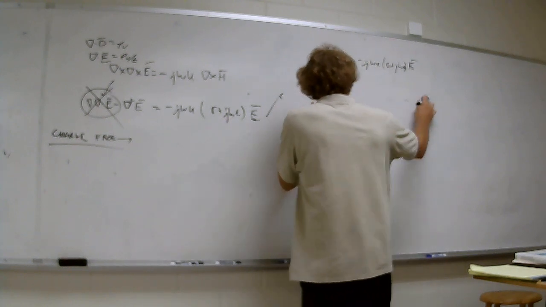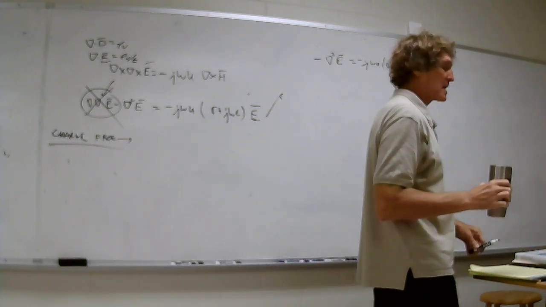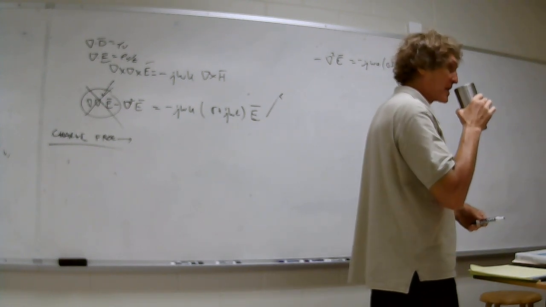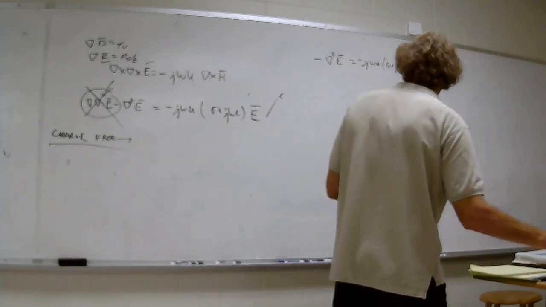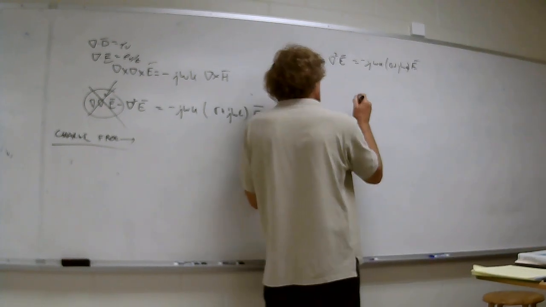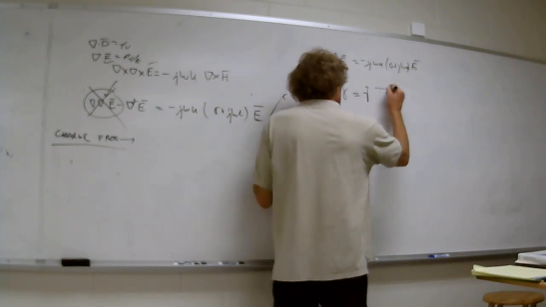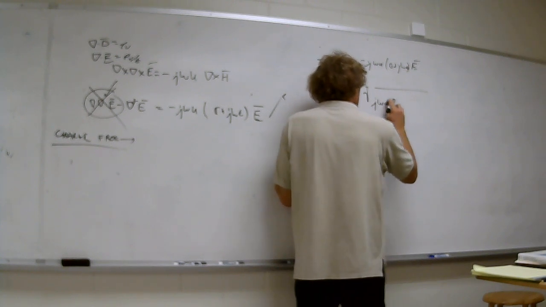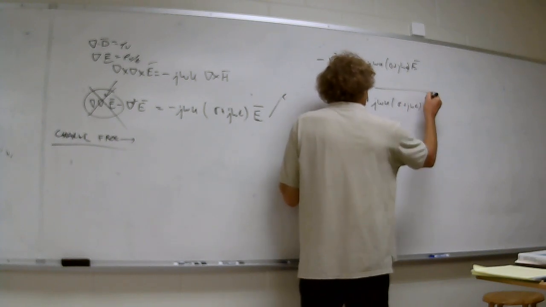I want you to write this down. This is in chapter 6. It's, I think, alluded to in chapter 5, but I want to make sure I say this. We create a new constant. We say gamma is equal to the square root of j omega mu times sigma plus j omega epsilon.